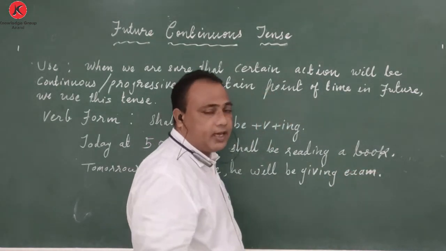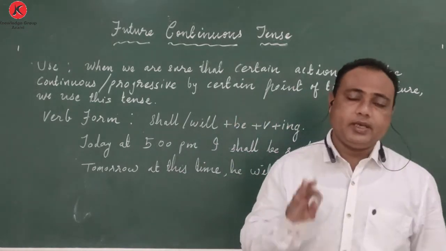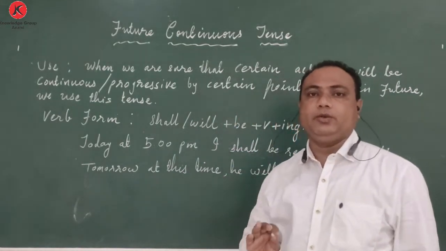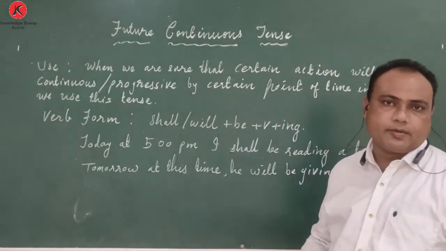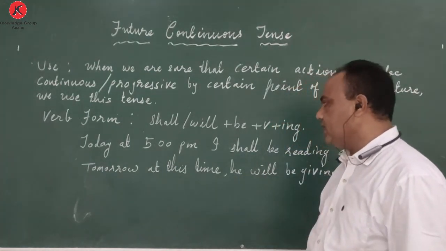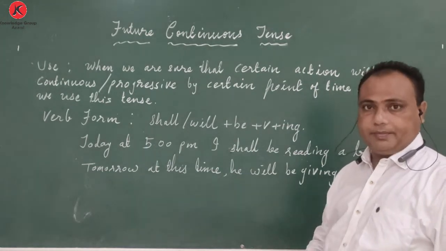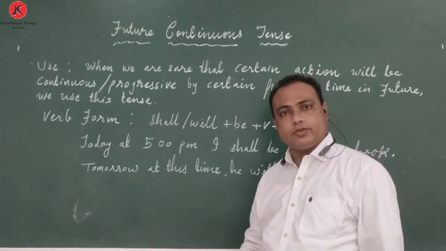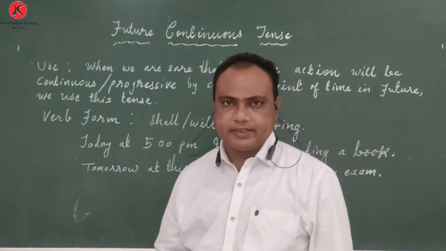Tomorrow at this time he will be giving exam. But you should be pretty sure that the person about whom you are speaking will be in the examination hall and will be giving his exam.